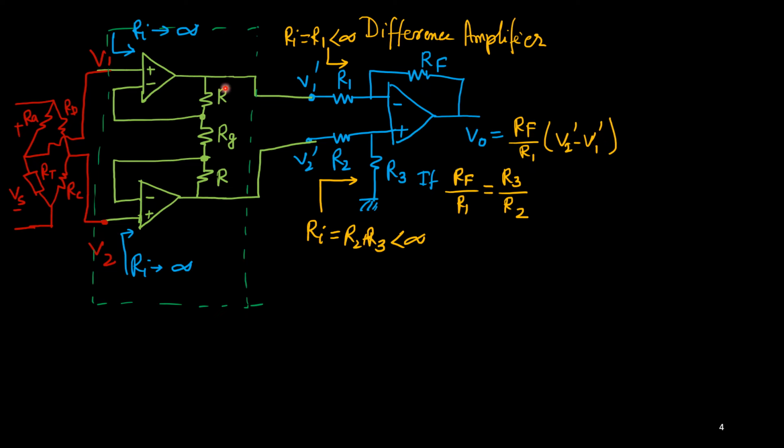Now let us check these two potentials, V1 prime and V2 prime. So this potential is the same. So this is your V1 prime and this is your V2 prime. Now let us consider this current. What is the current here? This current is I, suppose. Now you can notice that this potential is V1, so this potential will also be V1 because of negative feedback and the virtual connection.